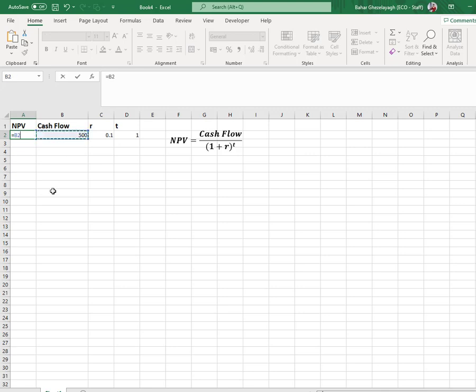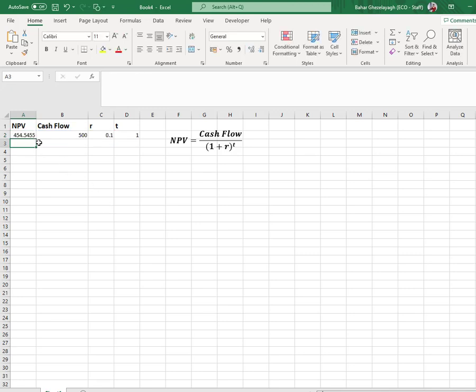Then divided by, which from your keyboard is /, brackets open, 1 plus the discount rate is 0.1. And I close the bracket. Now because this is to the power of 1, I don't need to write to the power of 1. But if you do that, it will not make any differences.